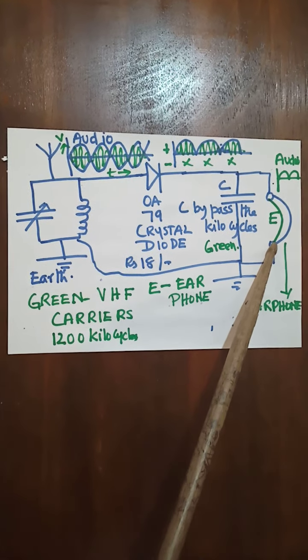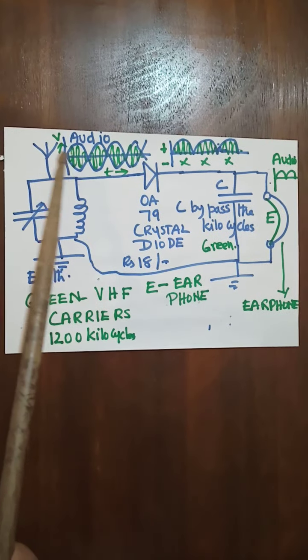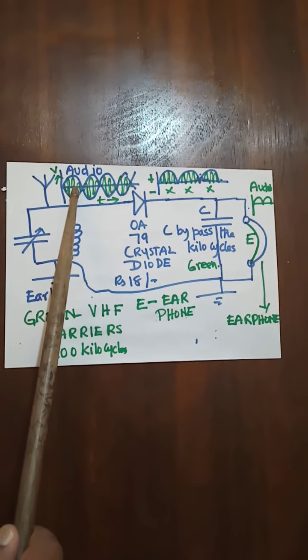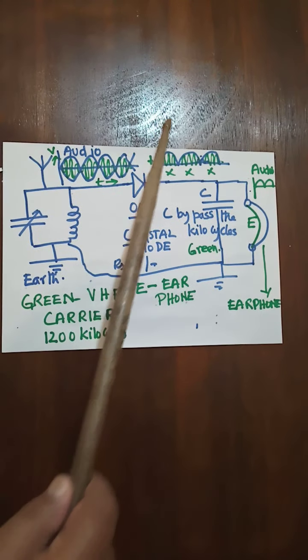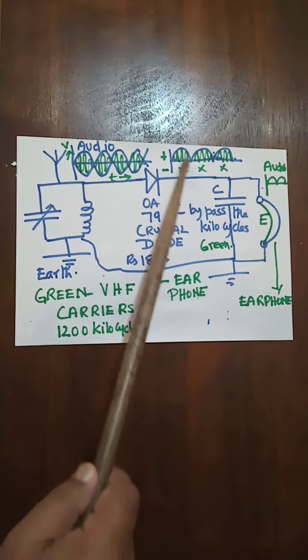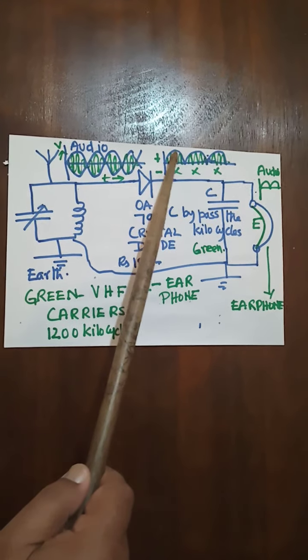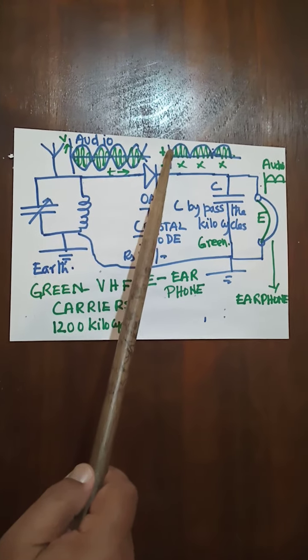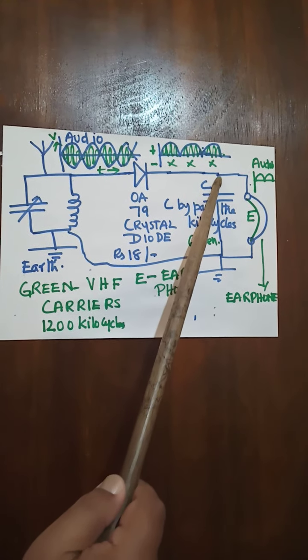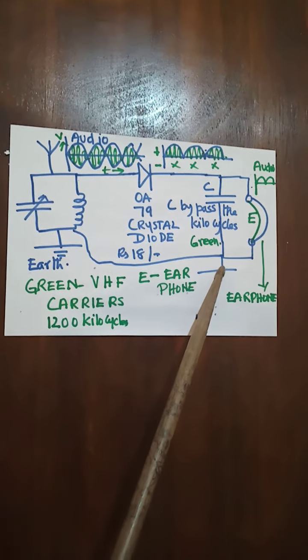So see, this is amplitude modulated. I detected it. That means I want either plus or minus, not both. Both will cancel. So I finally get beautiful music. This is the music part. This is the carrier. The carrier will be bypassed through a capacitance.